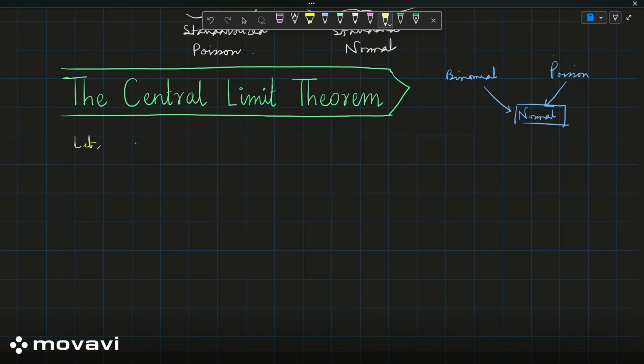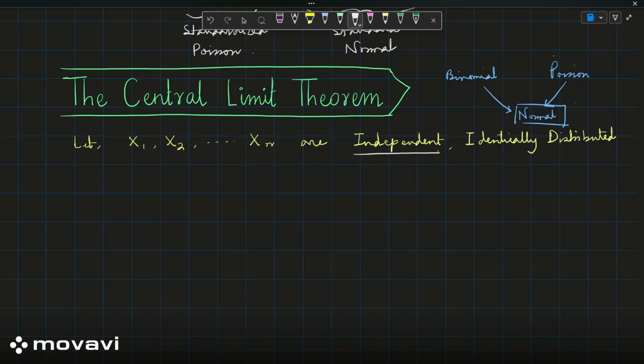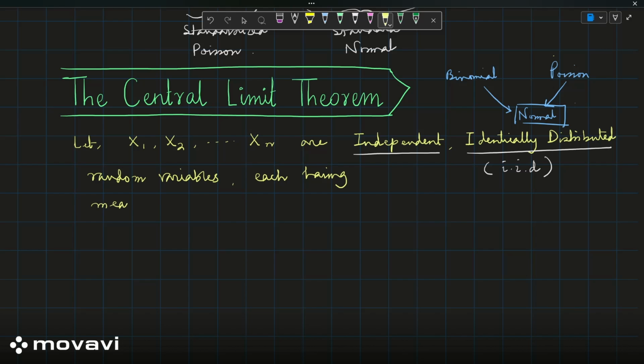So let x1, x2, like that xn, be independent and identically distributed. We call it IID, independent and identically distributed. So let x1 to xn be IID random variables, n random variables, each having mean mu and variance sigma square.